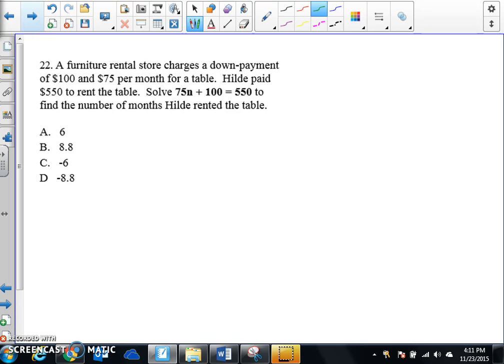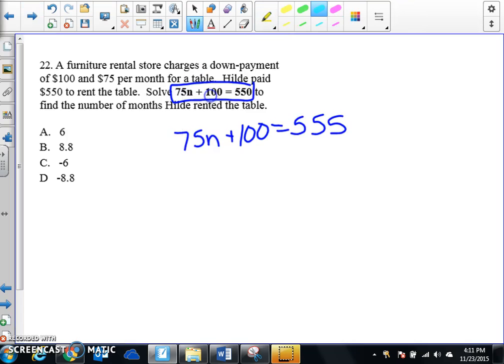A furniture rental store charges a down payment of $100 and $75 per month for a table. A child paid $550 to rent the table. Solve, look, they gave me the equation. 75N plus 100 equals 550. Here's my variable. I have a plus 100, so I need to subtract 100.